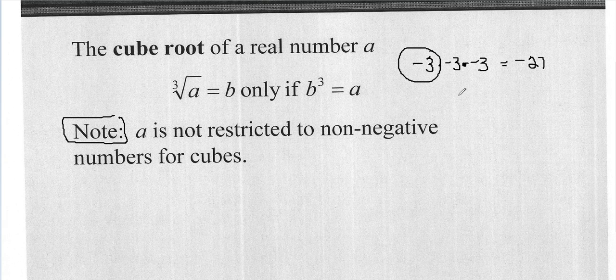So I can have a negative underneath the radical sign. Cube root of -27. Because this index number now is 3, what are 3 values that equal -27? What are 3 values of -27 that are the same, identical? All right, we'll go over some of these here shortly.